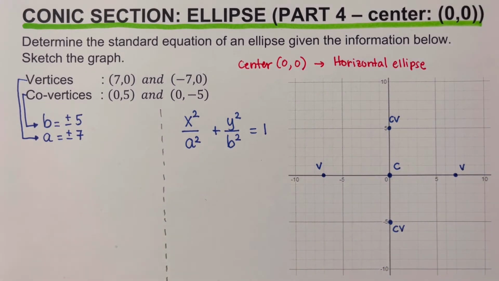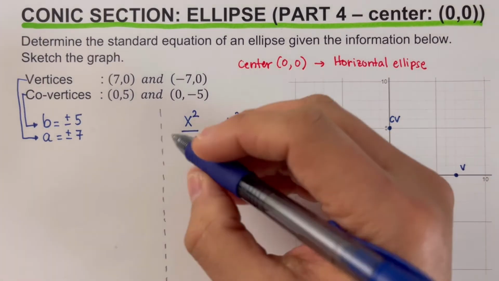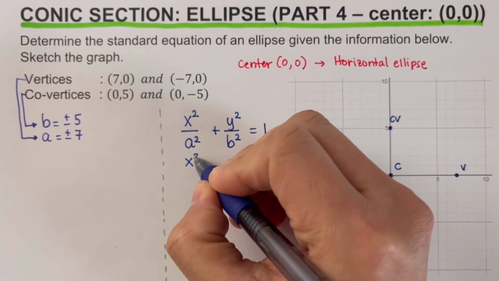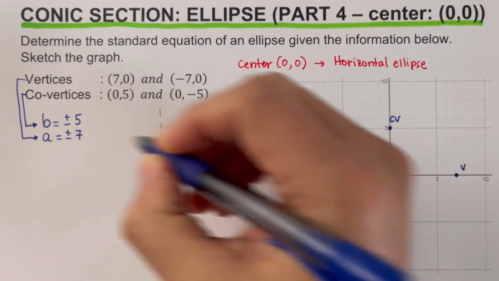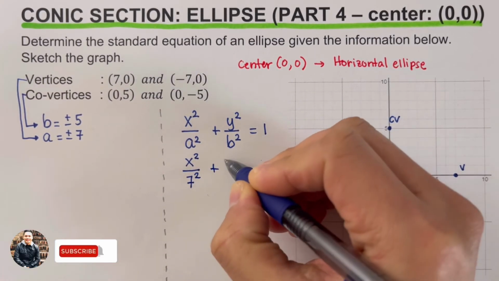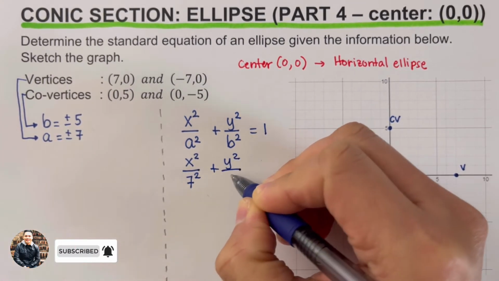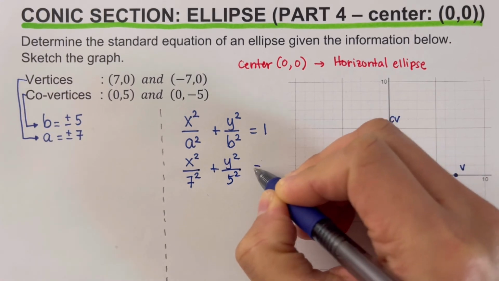So we can plug this value into the general equation that we have right here. This comes out x squared over a squared, where a is 7, so I put in here 7 squared, plus y squared over b squared, where b is 5, so that is 5 squared, equals 1.